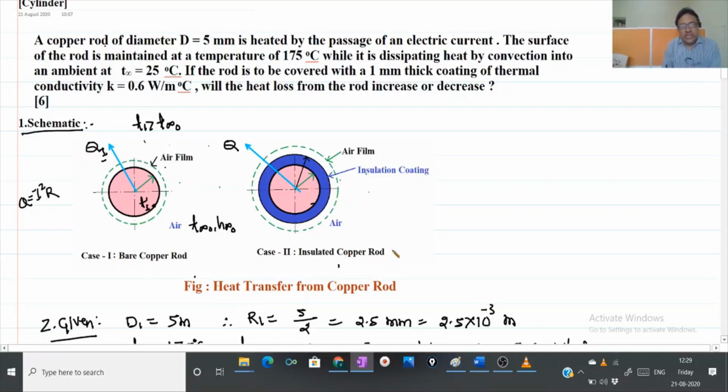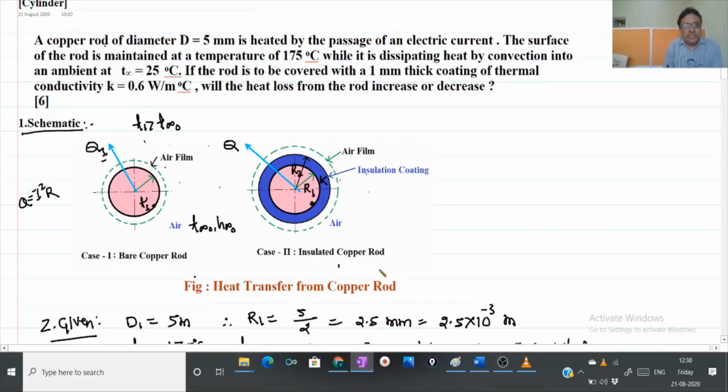In case 2, the same rod is provided with some insulation coating having thermal conductivity K. Let's say the radius of the rod is R1, the radius of the insulation is R2.